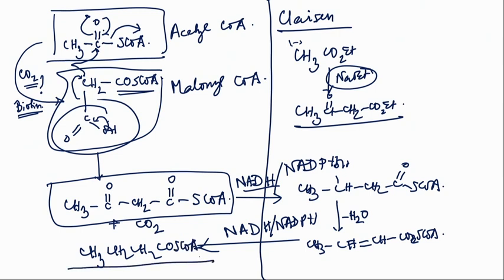Okay. This is exactly what is followed in the case of fatty acid biosynthesis. In fatty acid biosynthesis, you start from acetyl coenzyme A, that undergoes Claisen condensation with malonyl coenzyme A, and that gives acetoacetyl coenzyme A, and then after these reductions, first NADH, then dehydration, then another reduction, you get CH3, CH2, CH2, CO, SCoA. So, this is butyryl coenzyme A. In fatty acid biosynthesis, this cycle continues, is repeated over and over again.